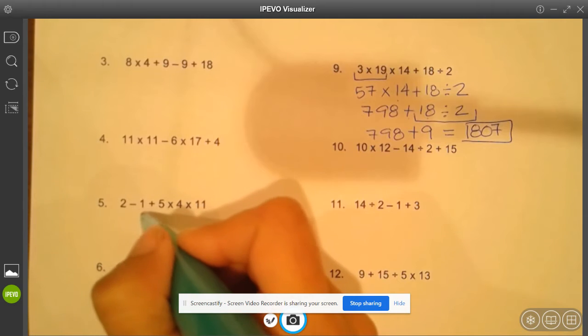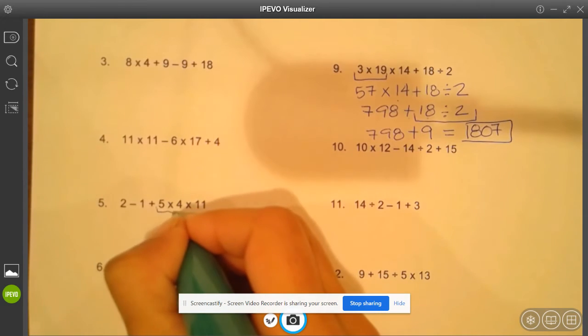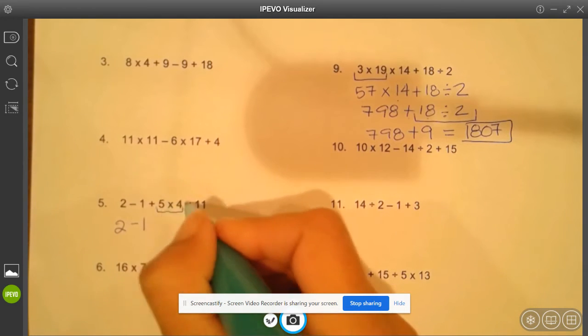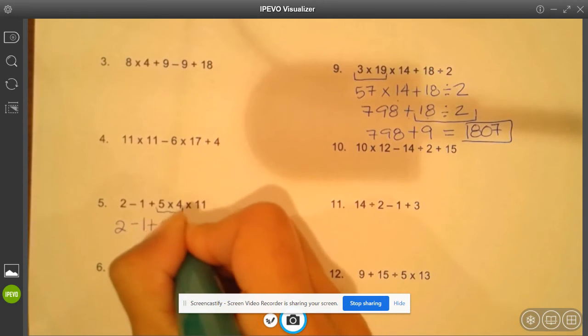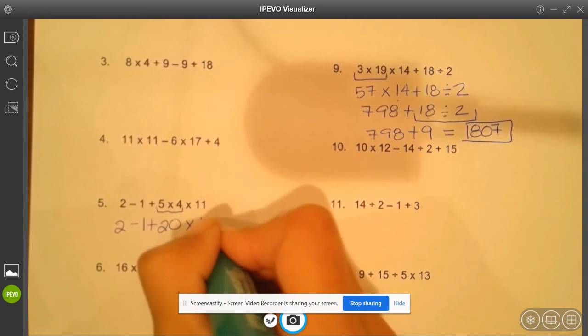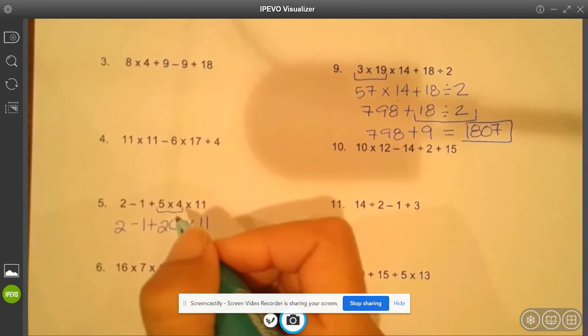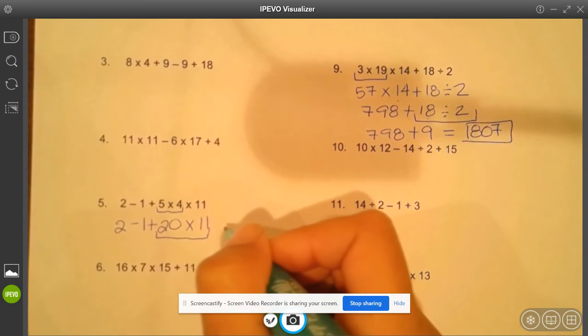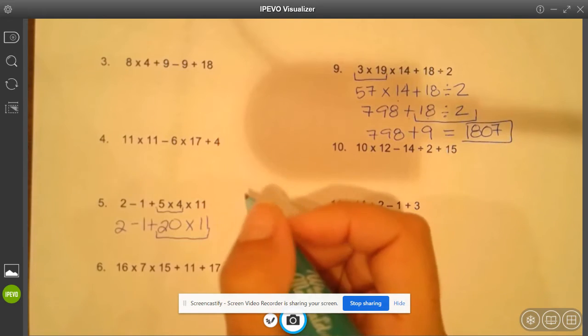So the first, I'm not going to subtract here. I'm going to multiply it first. This right here. So that's 2 minus 1. I'm rewriting it. But that is plus 20, because 5 times 4 is 20 times 11. And then my next step would be to multiply, because this is subtracting. So I got to multiply first. So that's 20 times 11. That's 220.